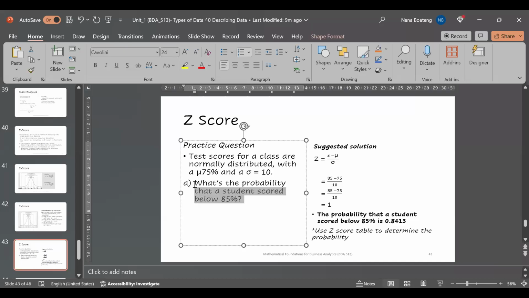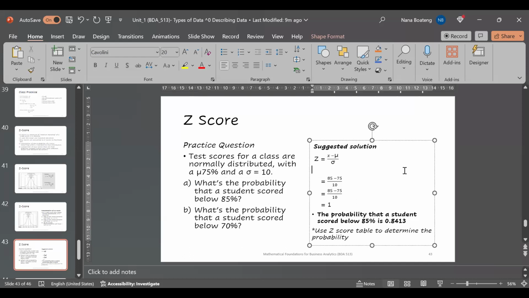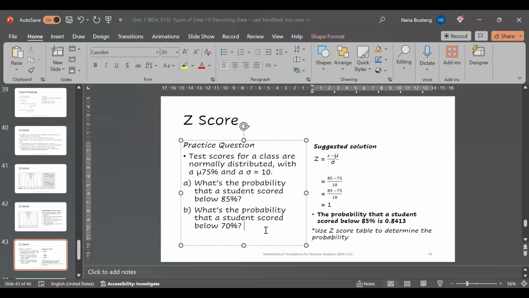Okay, so you work it now. Below 70%, based upon what we've done, just follow it and then calculate it. So what is the probability that a student scored below 70%? Work it out now. It's the same information. We have the mean and then the standard deviation. So work it out and then based upon your z-score, let me know.